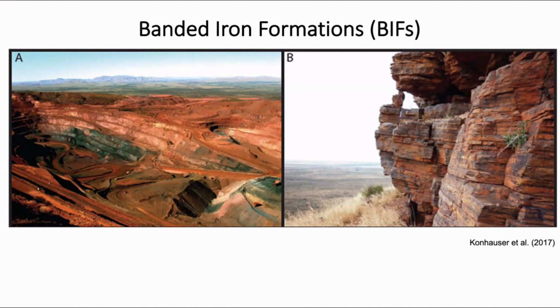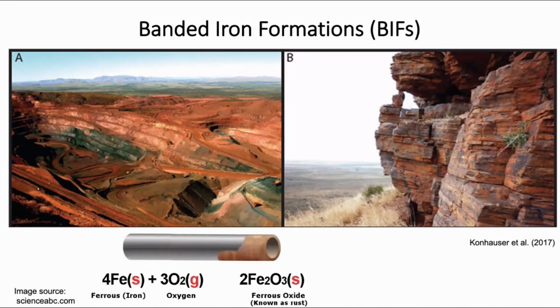What's interesting about banded iron formations, at least for the purposes of my work, is the nature of their formation. If we think about rust in the modern world, what we expect is that if you have an iron nail or an iron rod and it's exposed to oxygen for a while, that is how you generate rust.